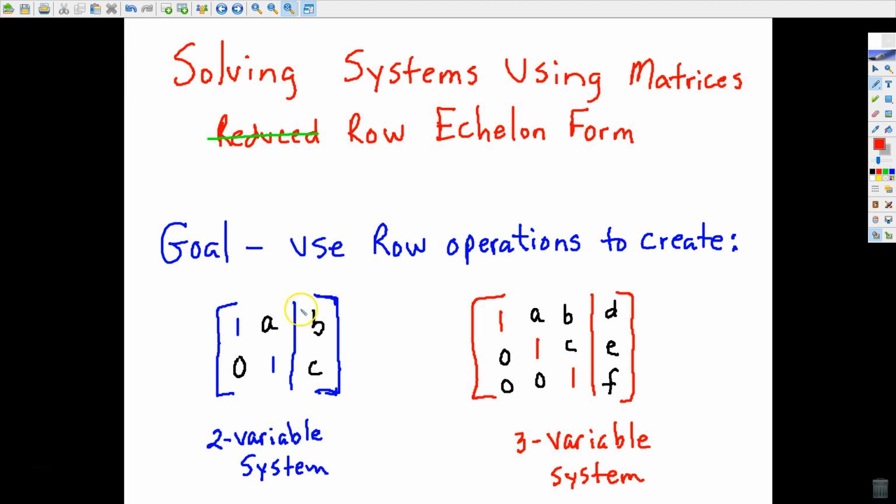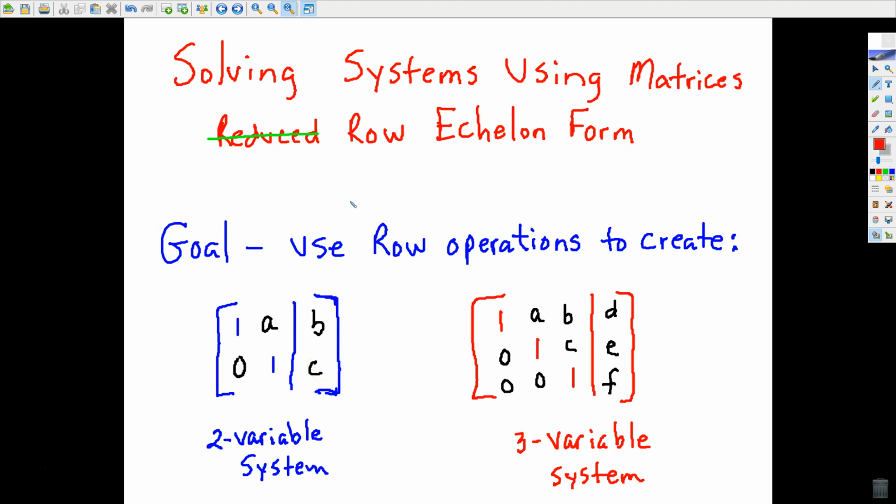The whole idea is to take a given augmented matrix, whether it's a 2-variable system or a 3, and make it look like this, where, if it's a 2-variable system, I'm going to have 1s diagonally in these spots, and a 0 here, and A, B, and C represent just regular numbers.